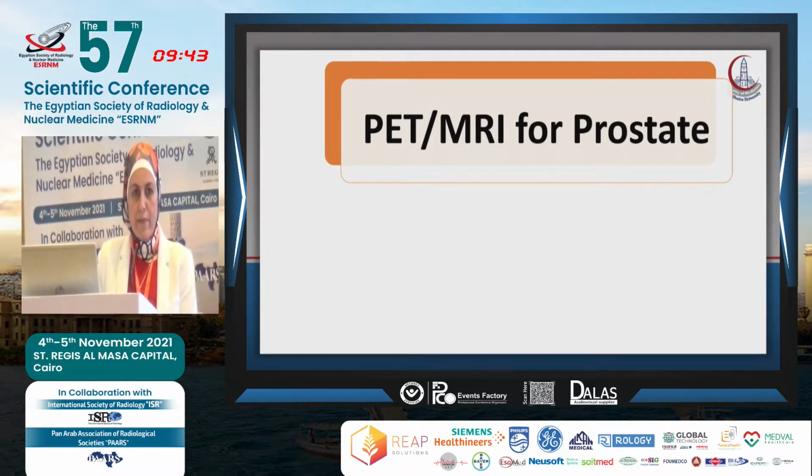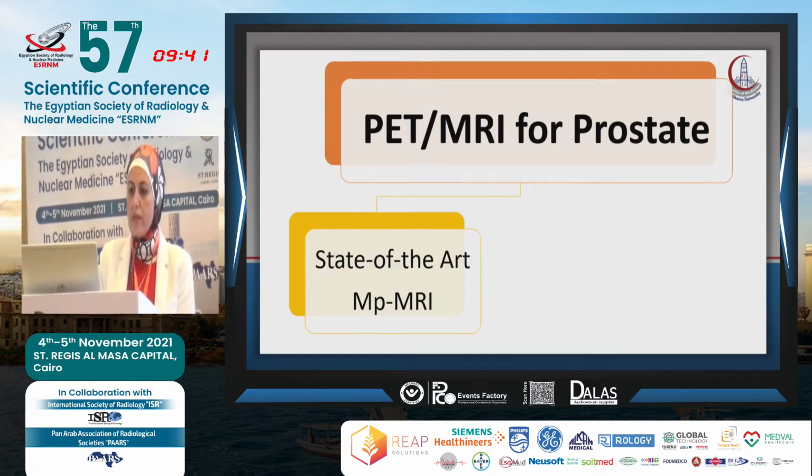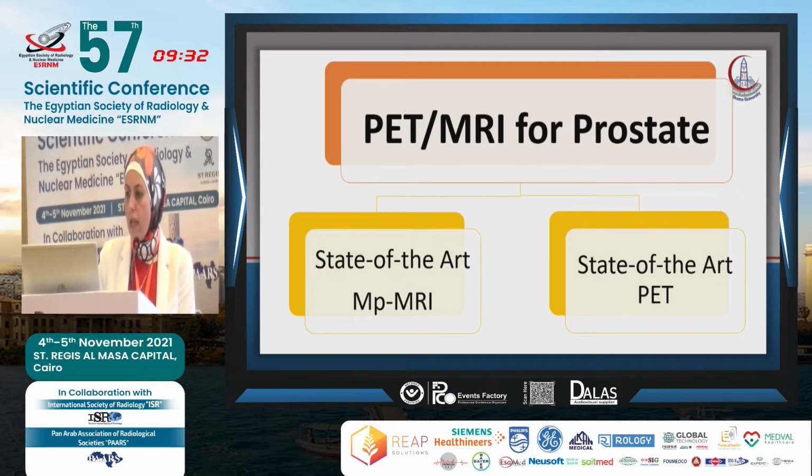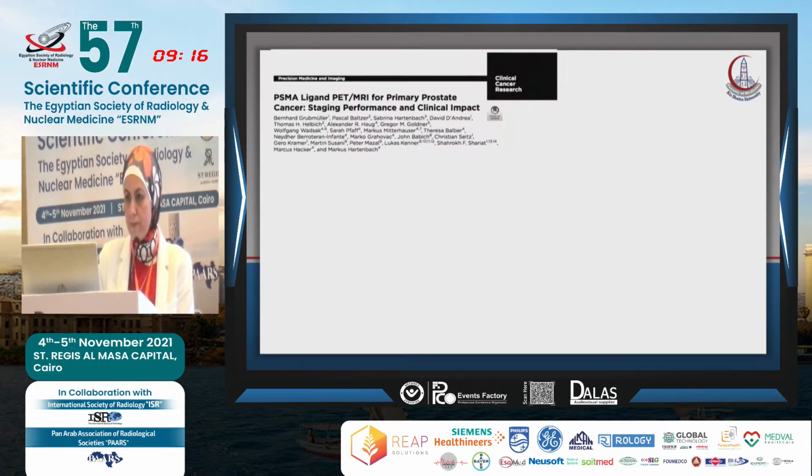What about PET MRI for the prostate? We perform state-of-the-art multiparametric MRI with all its available tools for characterizing prostatic cancer, and we also apply additional PET imaging, which is of great value in evaluating nodal and distant metastasis. So this modality combines these two major high-end techniques for local and distant staging.